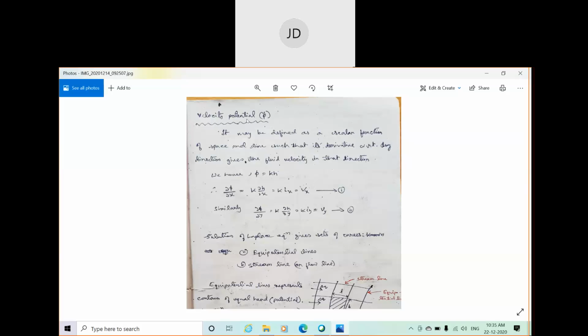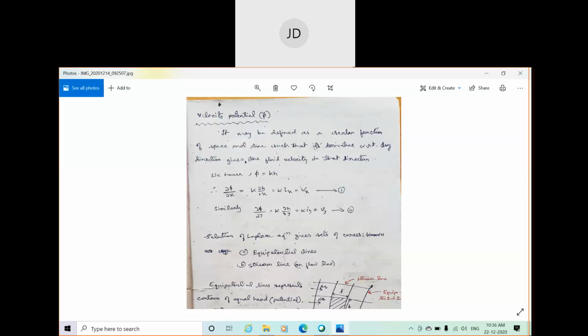There is another standard definition: velocity potential may be defined as a scalar function of space and time such that its derivative with respect to any direction gives the fluid velocity in that direction.